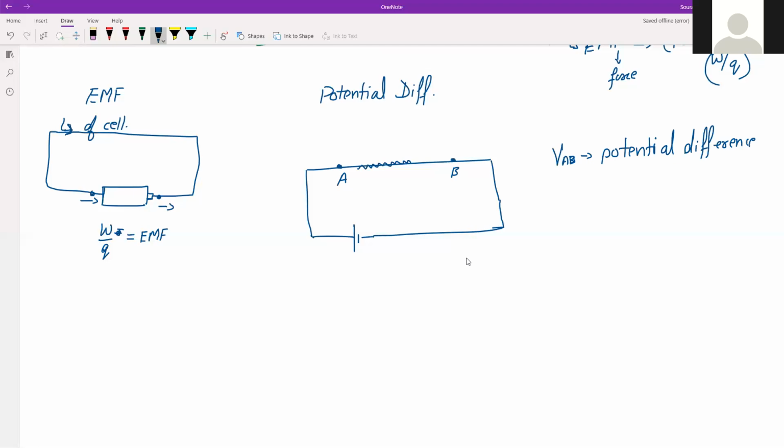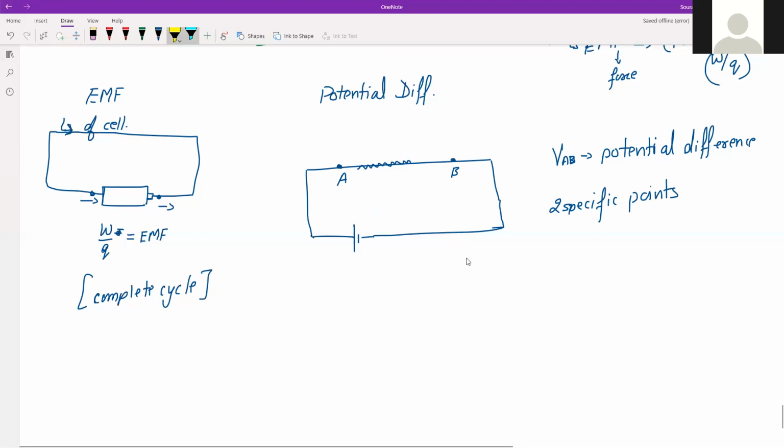So the main thing is that EMF is work done for the complete cycle, and this is related to 2 specific points only. Based on those 2 points, we will find this potential difference.